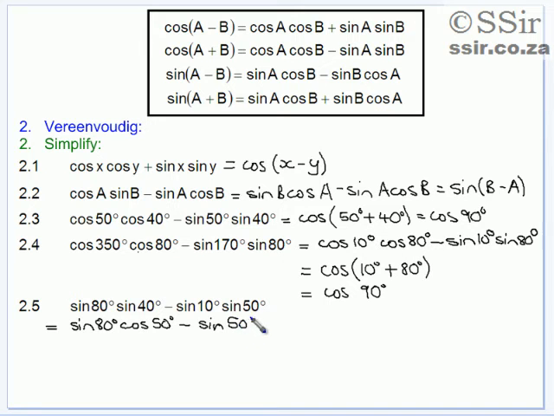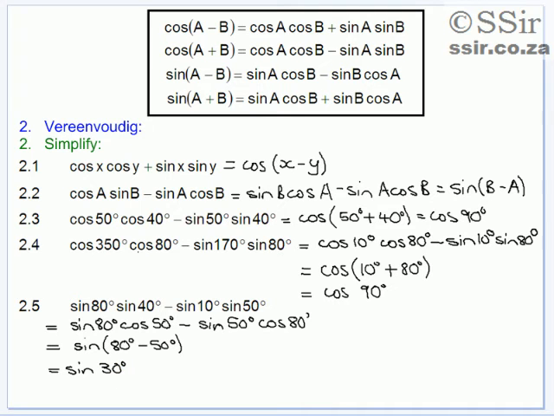So minus sine 50 times, and the sine 10 degrees we must change. So we use the co-function there to cos of 80 degrees. And now we only have two angles, 80 and 50 degrees, and this looks very much like the third formula. So we write sine of 80 minus 50 degrees, which is equal to sine of 30 degrees.